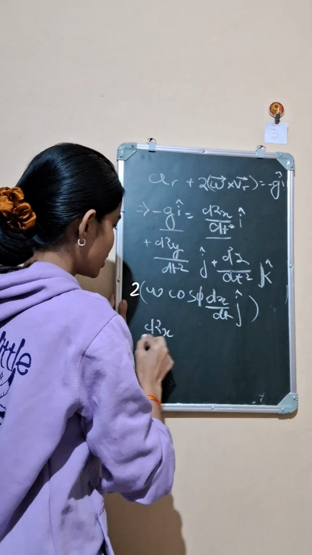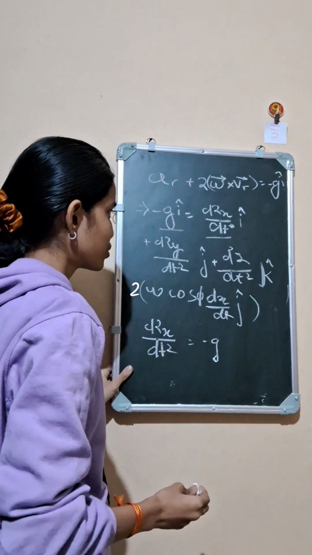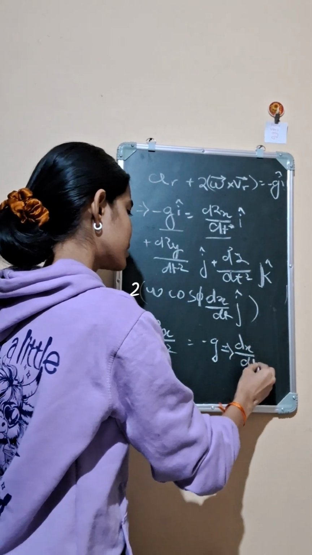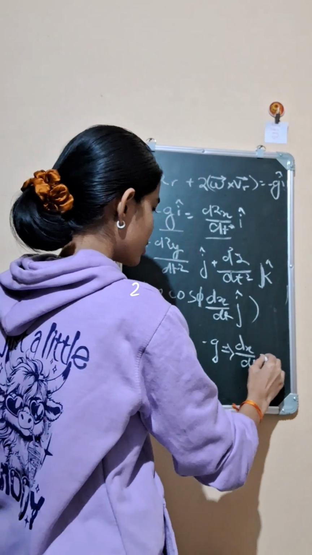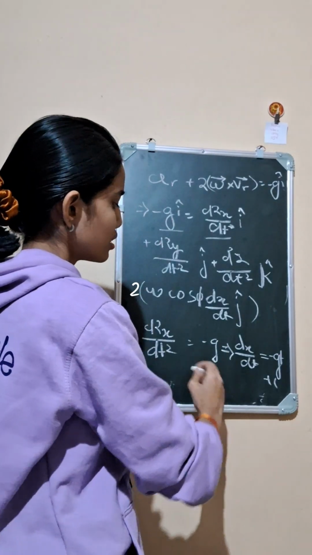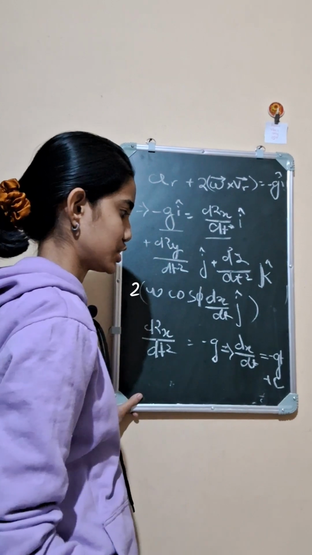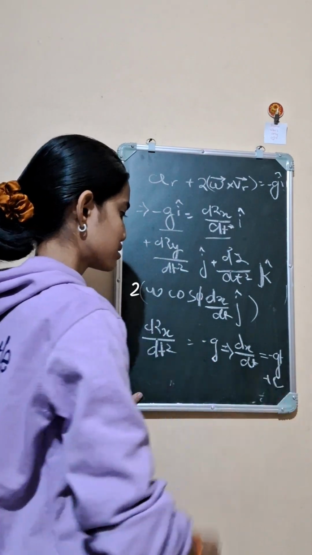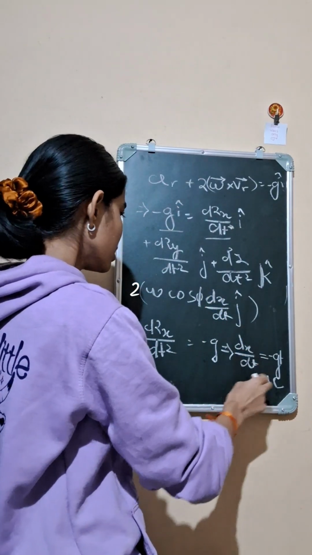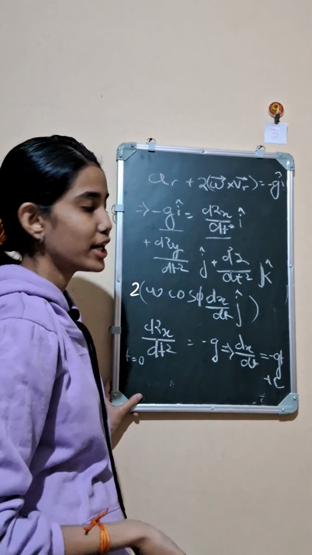So here I am just integrating d2x by dt square equals to minus g, right? By comparing these two sides and integrating it, we will get dx by dt, means the velocity vector, will be equal to minus gt plus c. If we integrate this side, we will get an integration constant because it is an indefinite integration. We have no limits here. We know that at time t equals to 0, the body was initially at rest.